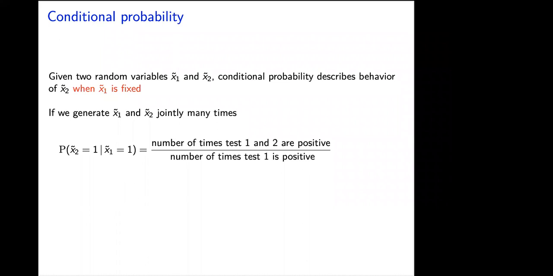So if there's a huge amount of precipitation, and we know that X1 equals 1, then that's going to change the probability that the subway is shut down, because it's more likely to be shut down when there's a lot of precipitation.